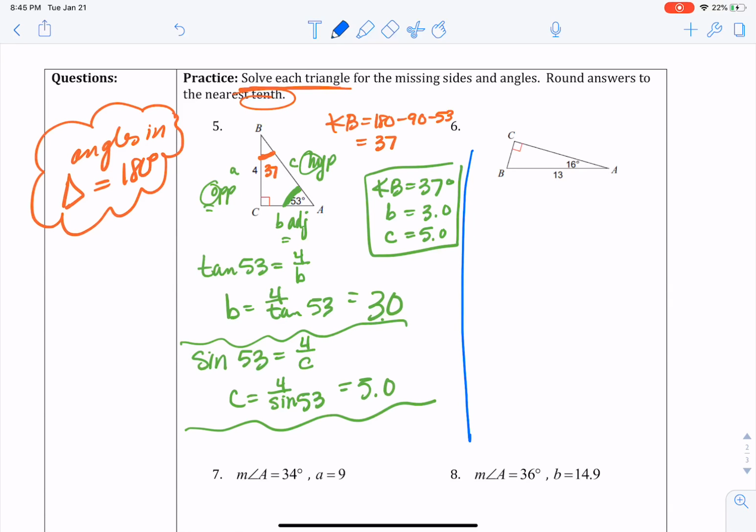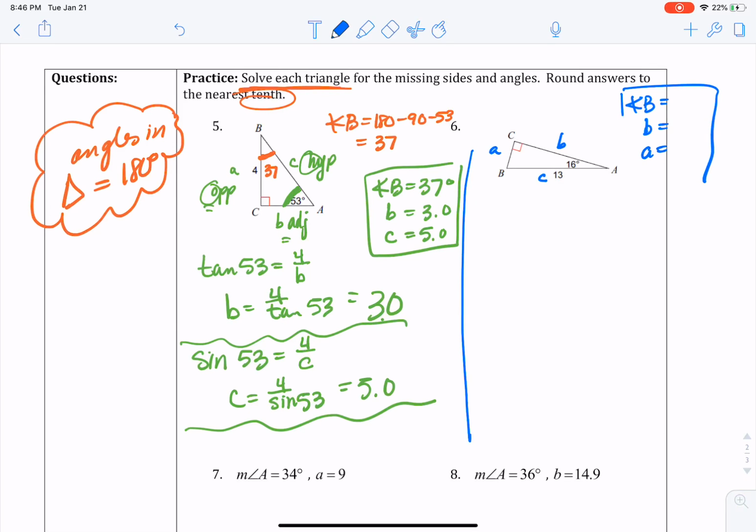So now let's do it again. This is side C, this is side B, and side A. Actually let's start up here and let's say that angle B equals, side B equals, and side A equals.